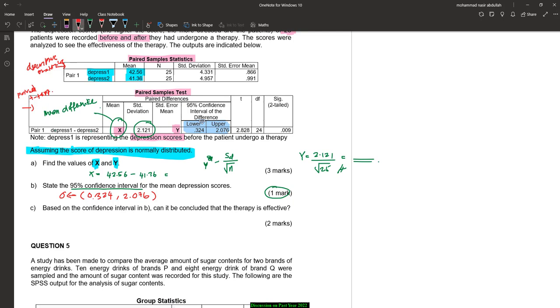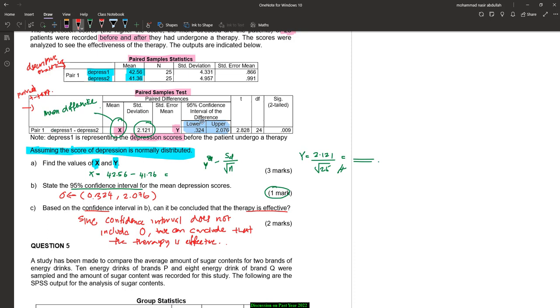So based on the confidence interval, can it be concluded that the therapy is effective? So since confidence interval does not include zero, we can conclude that the therapy is effective.